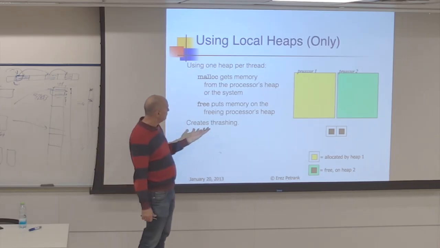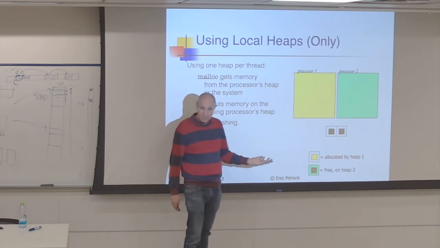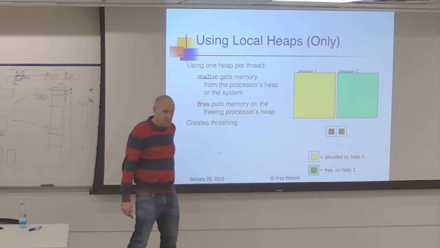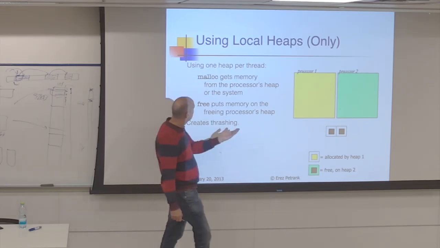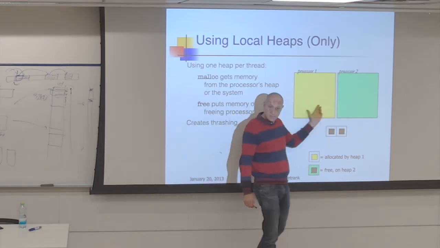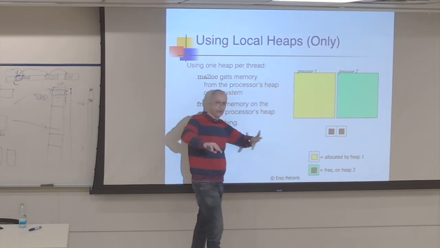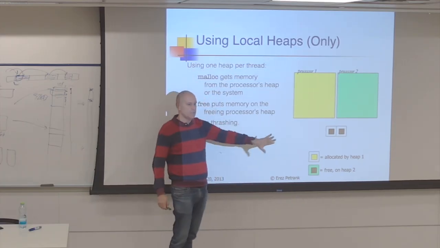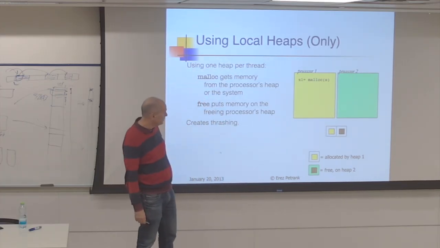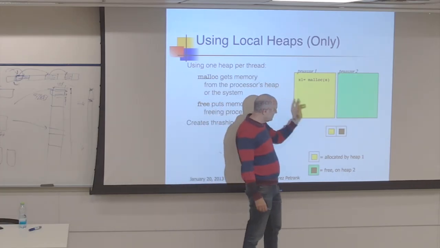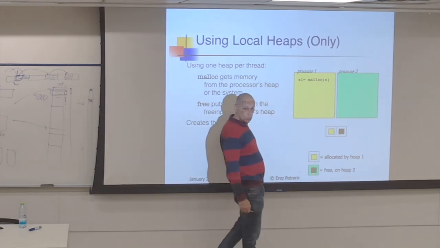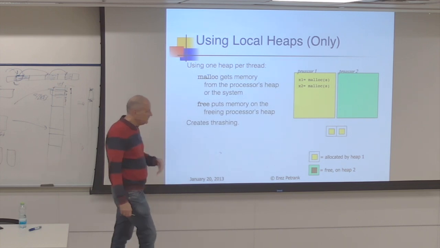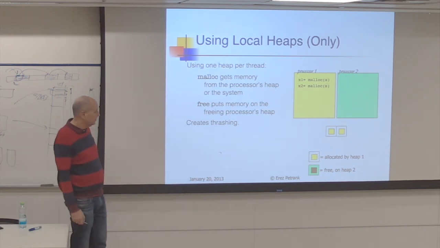Okay, so what can you do to solve this? You could say, let's have private local heaps, so they don't share the same cache line because each of them is allocating in a different location. So if he allocates, he gets this yellow object, and if he allocates again, he can get the same yellow object.